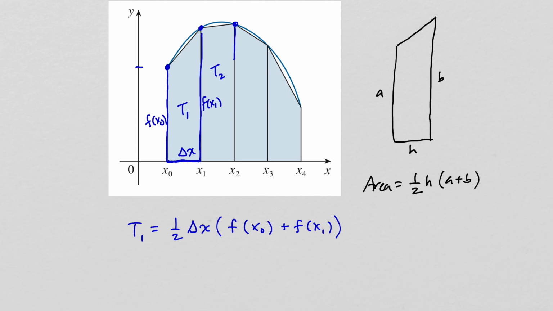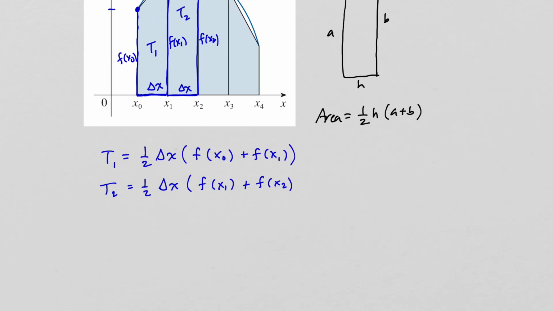And then the other base of the second trapezoid is this length here, which is f of x2. And of course, the distance between these is still delta x. So the area of the second trapezoid is 1/2 times delta x times f of x1 plus f of x2. And we repeat this process.